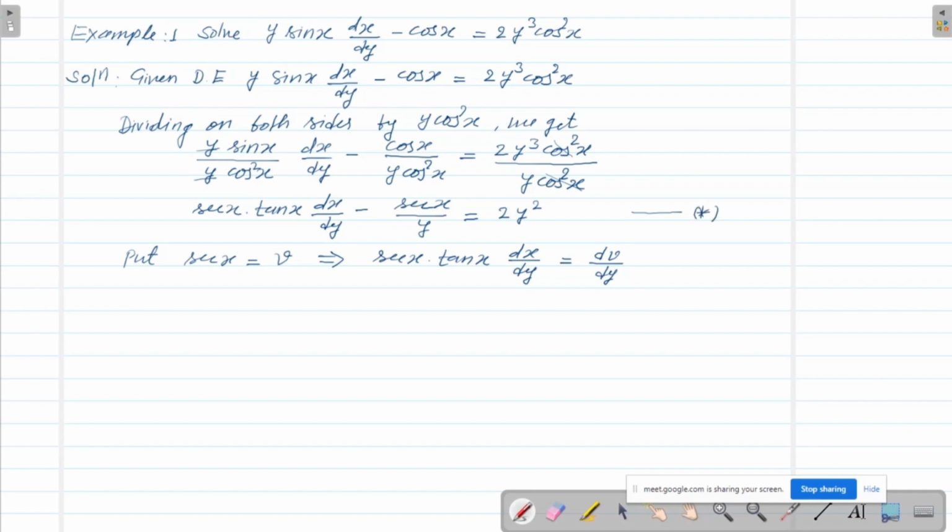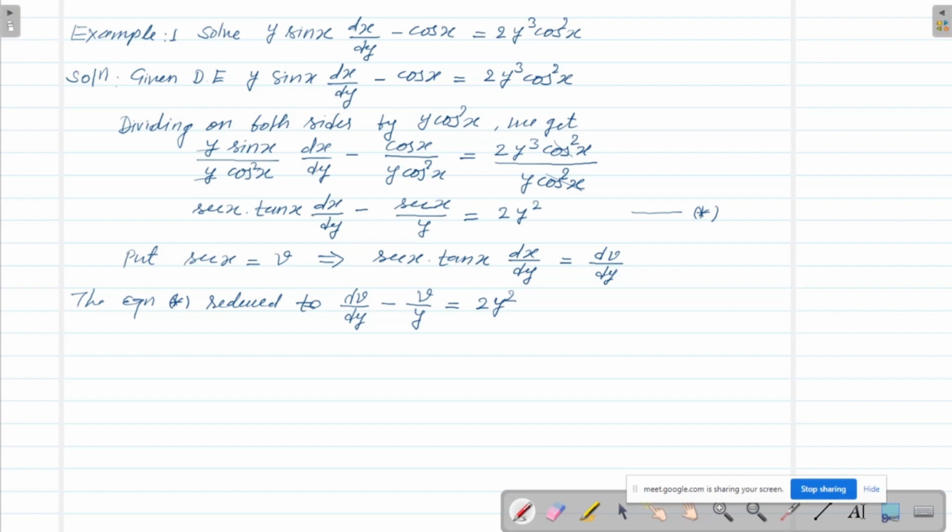So the equation number star reduces to, just substitute all the values, dv by dy minus v by y equal to 2y square.